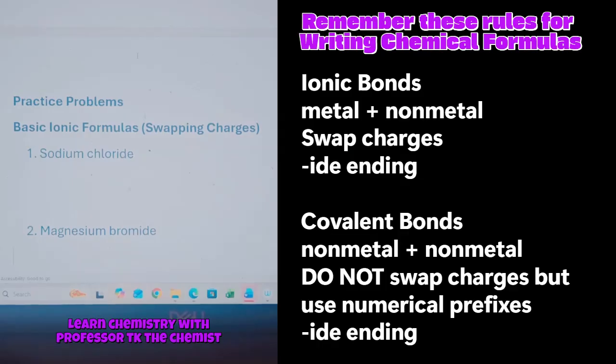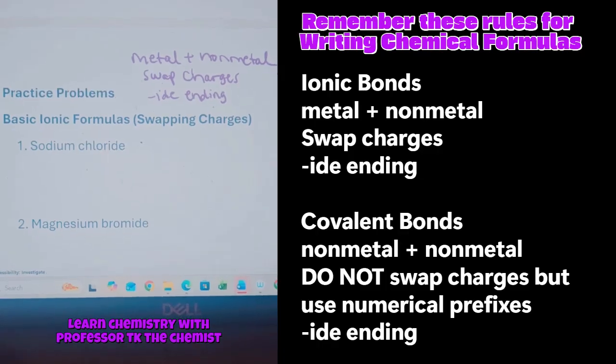When it comes to writing out the chemical formula, when you have an ionic compound, it's between a metal and a non-metal element. They will swap charges and they will have an -ide ending.